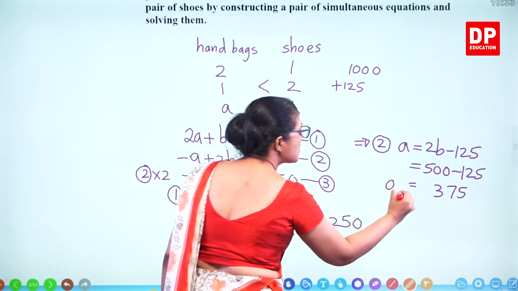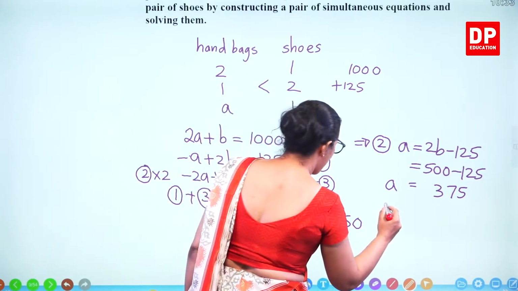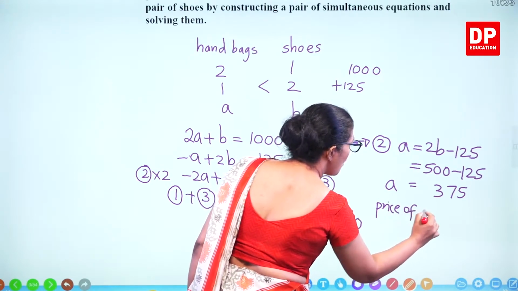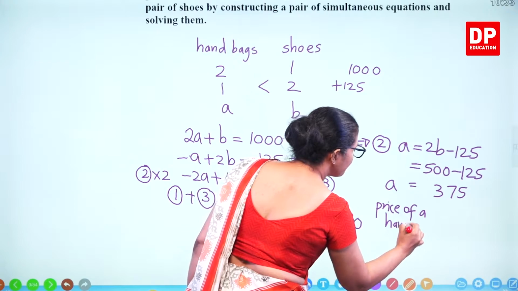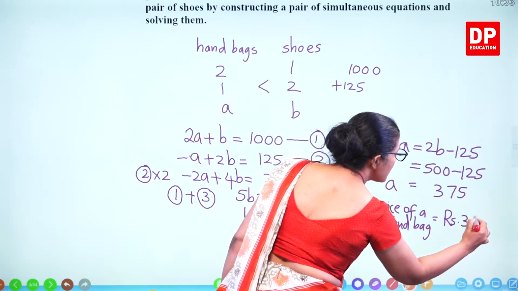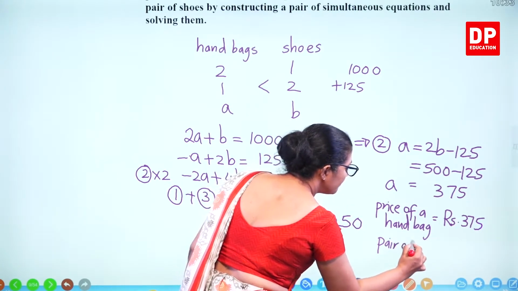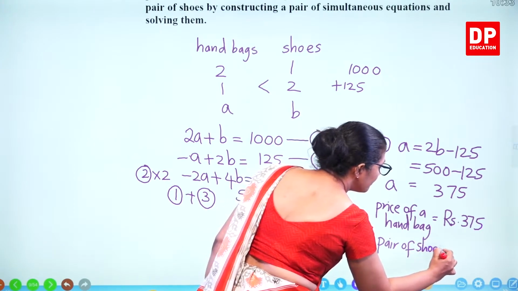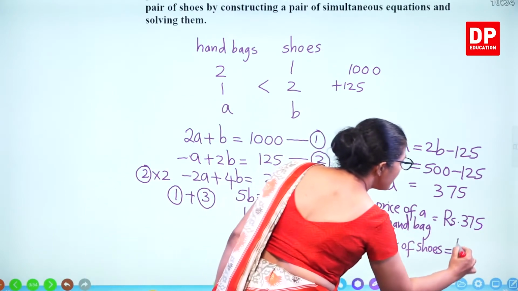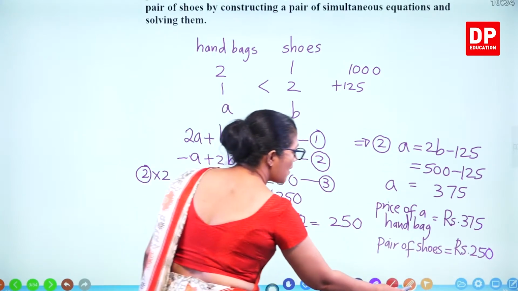So a equals 375. That means the price of a handbag is ₹375 and pair of shoes is b, that's 250 rupees. So those are the values.